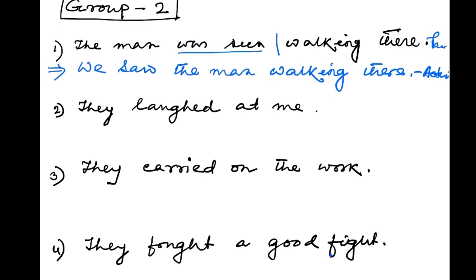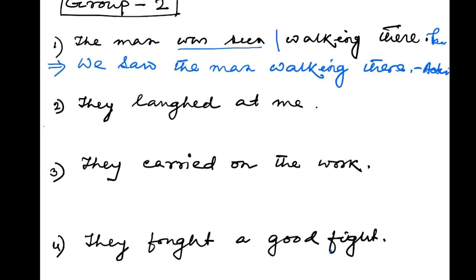Your answer is correct, I think. Now come to this sentence. They laughed at me. This is the verb. Always remember, take this with a verb. So this is past indefinite tense and "me" is the object. So take the object to the subject place, it will be "I."